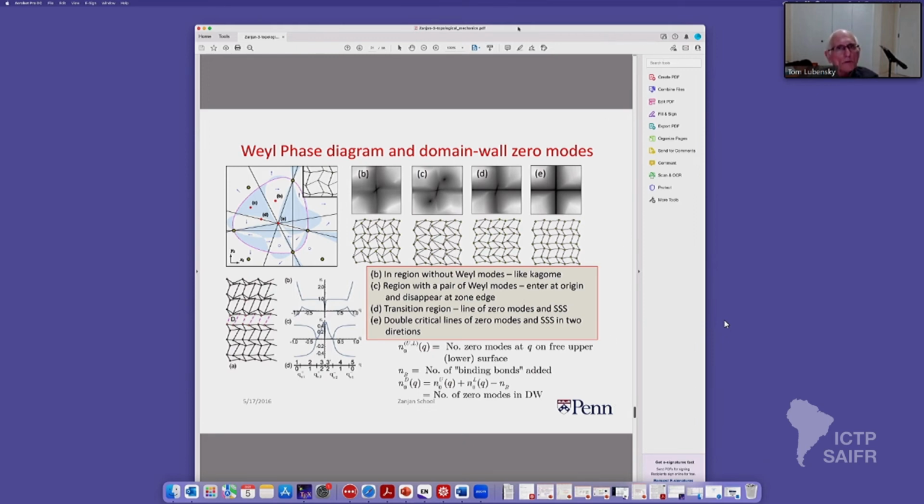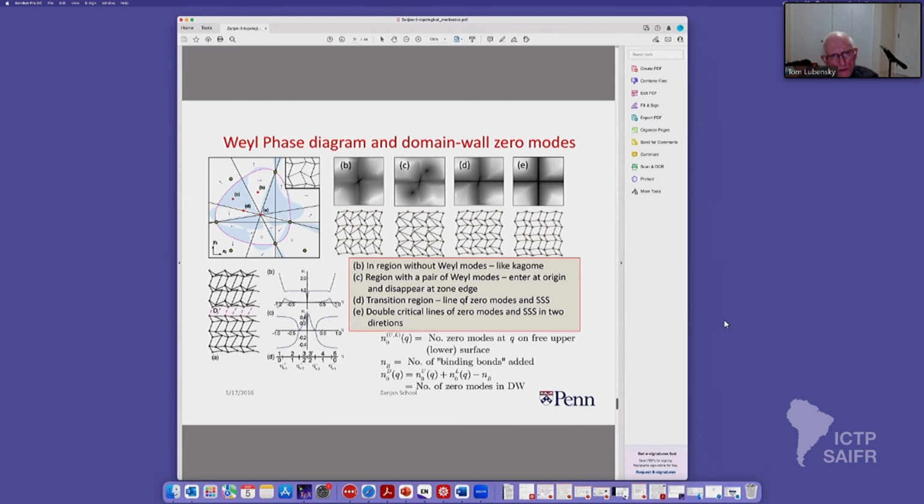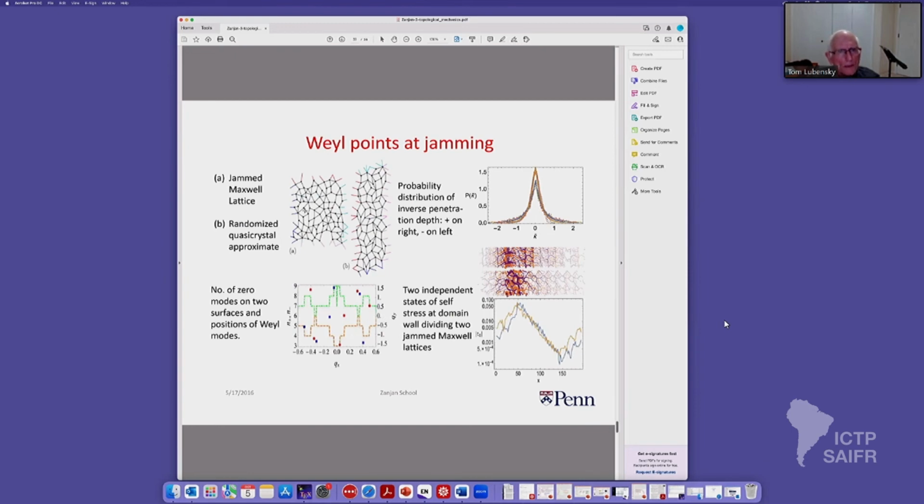Let's see, I guess I'm supposed to, no, I can't, this is a PDF that I don't have the original with me, but you can see the different things there. Okay, this is the one I wanted to look at. So here is looking at the jammed. Tom, can you put it in full screen? Excuse me?